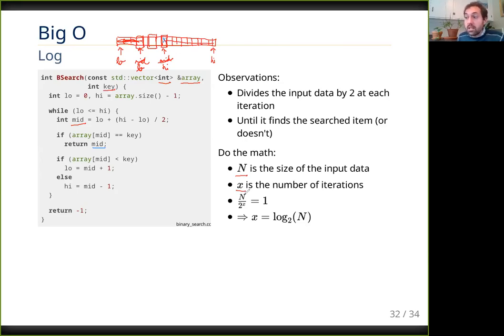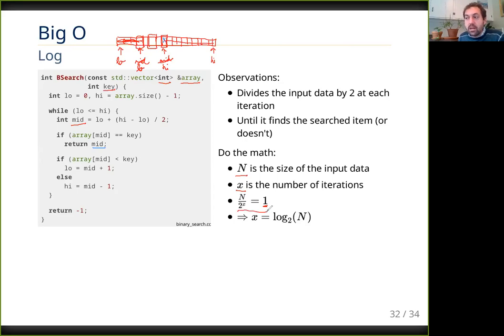And so it means that n will be divided by 2 repetitively, x times, up until, worst case scenario, we've really reduced the array so much that we only have one singular option at the very end.